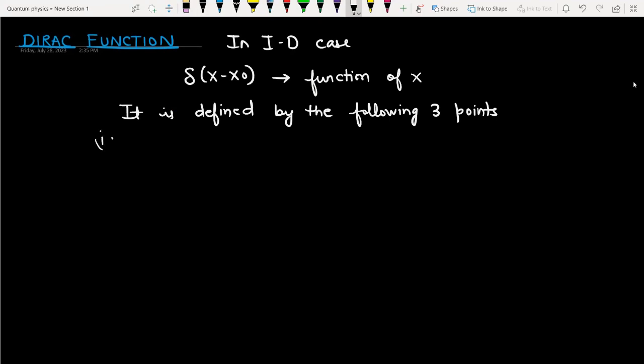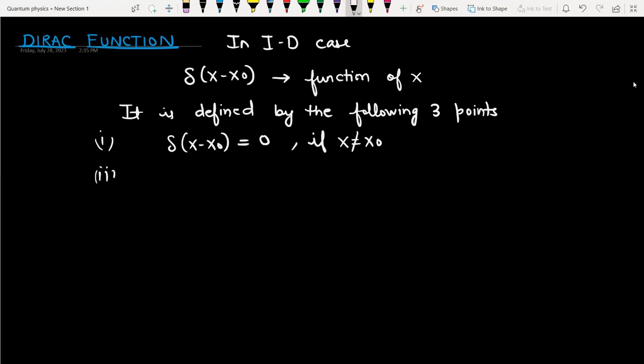First point is that del of x minus x naught is 0 if x is not equal to x naught. If x is not equal to x naught, this Dirac function is 0.